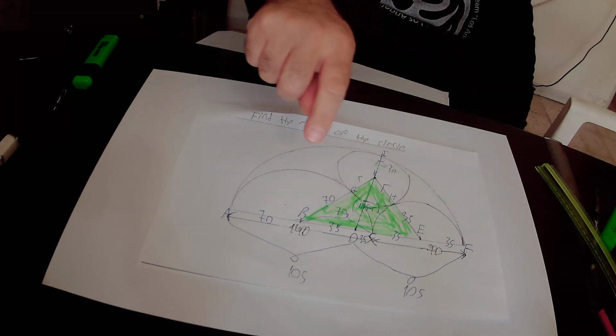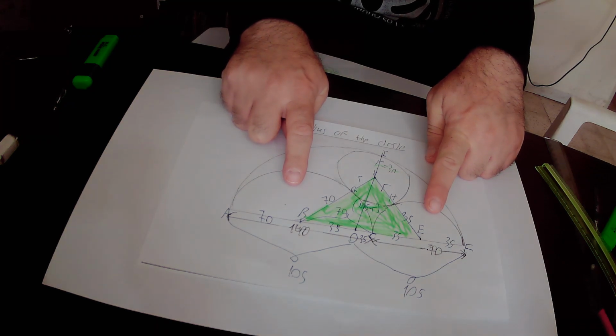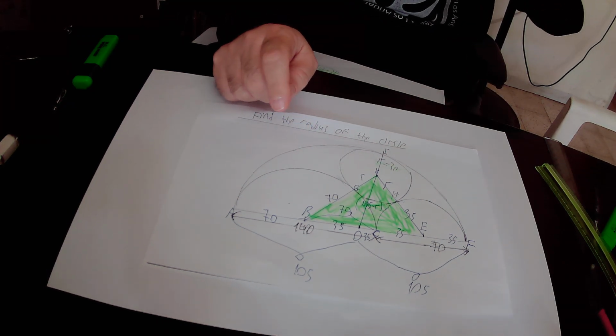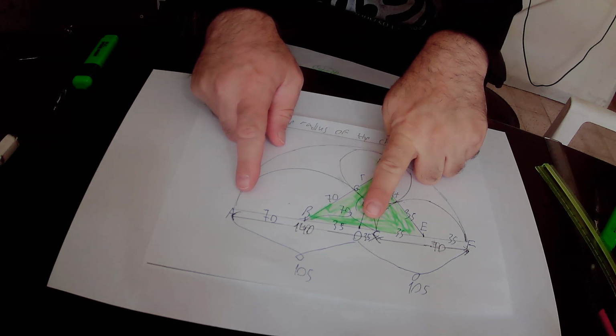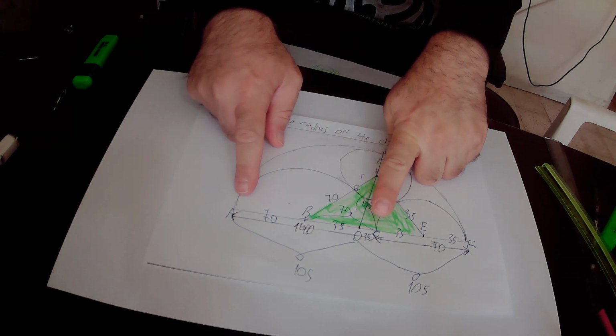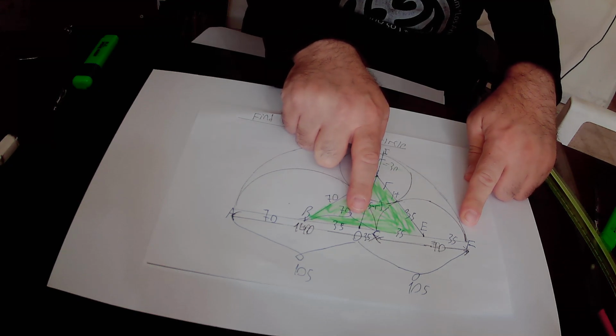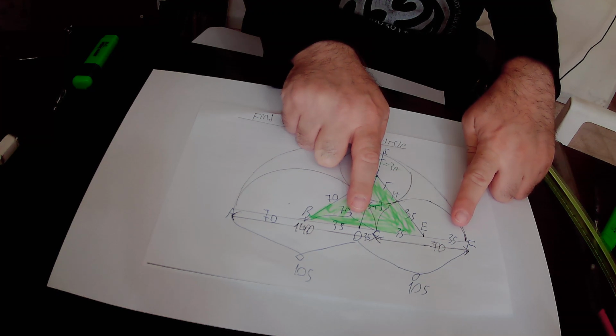Inside this big semicircle, we have 2 semicircles and a circle. It is given that line segment AO equals 140 units and line segment OF equals 70 units.